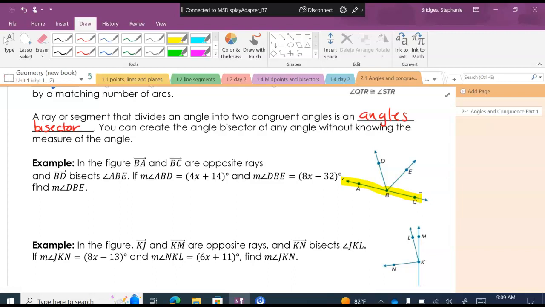What else does it tell me? Second line. Ray BD does what? Bisects angle ABE. So let's look at angle ABE.